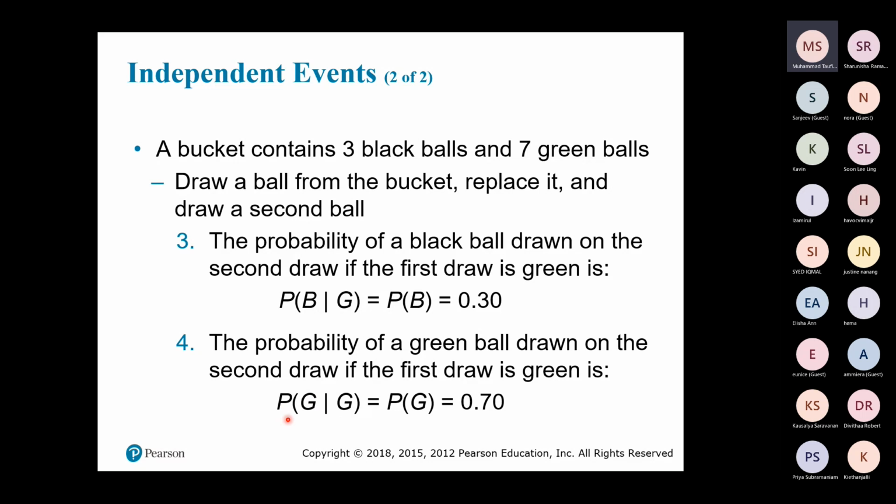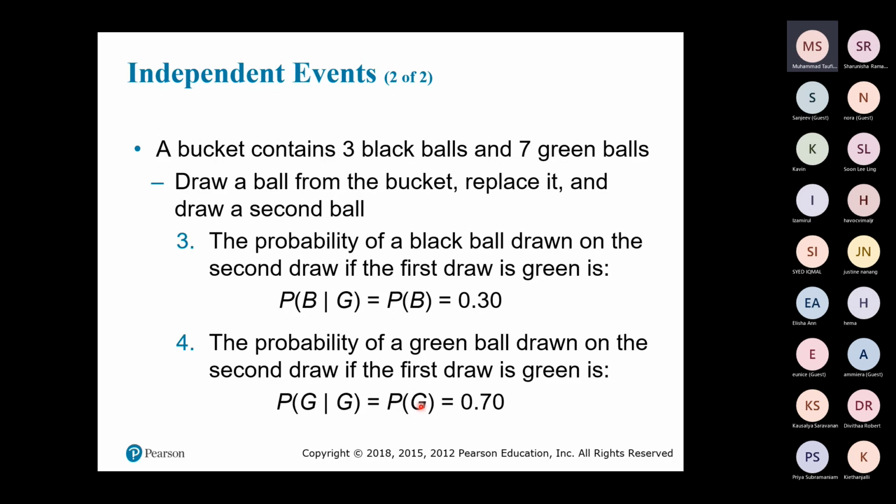Because this is an independent event, the probability of the conditional event of getting a green ball after you draw a green ball in the first try is the probability of a green ball, because the first event is not affecting the second event.